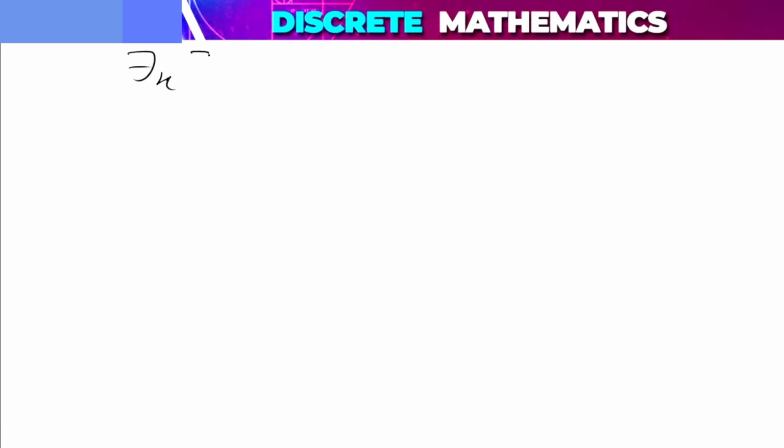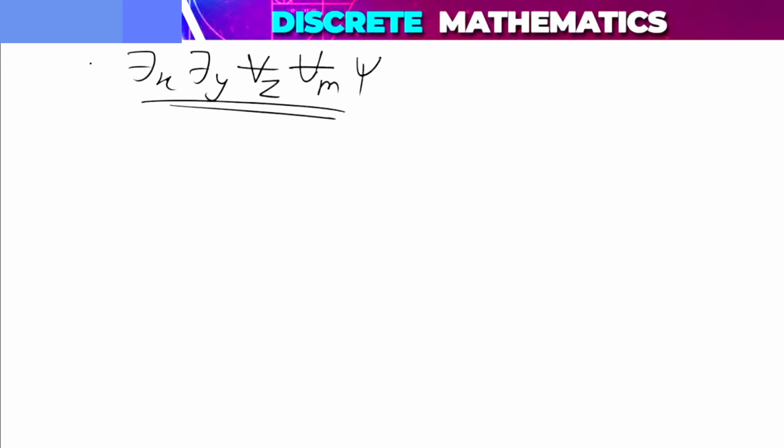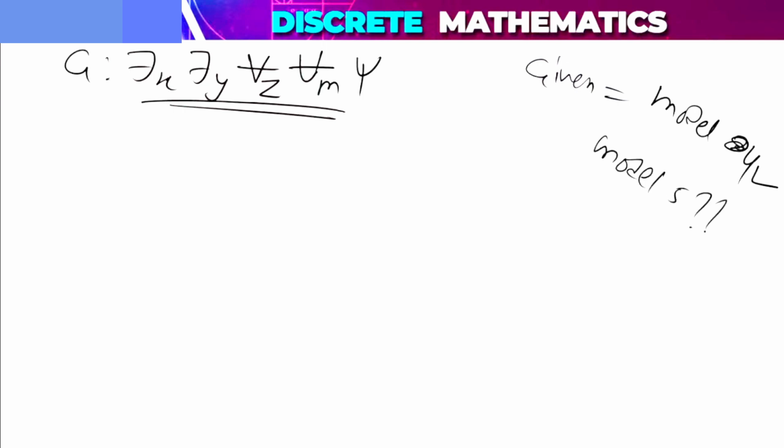Now can you guarantee a model of size 5 for this formula? Can you guarantee this model of size 5? Let me know. Think about it. Can we guarantee this?